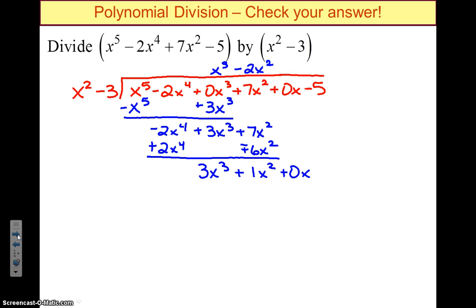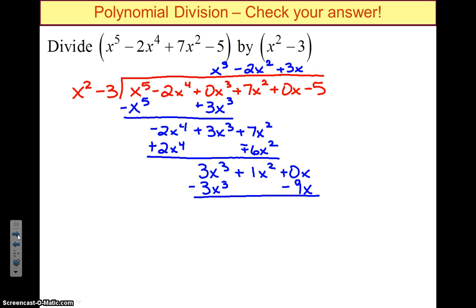Once again, divide 3x cubed by x squared, and we get a positive 3x. 3x times x squared is 3x cubed. 3x times negative 3 is negative 9x.